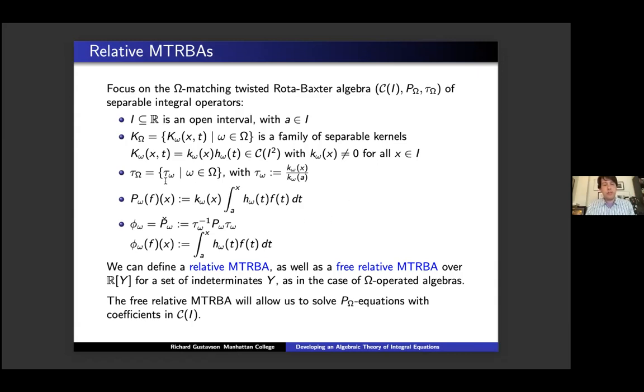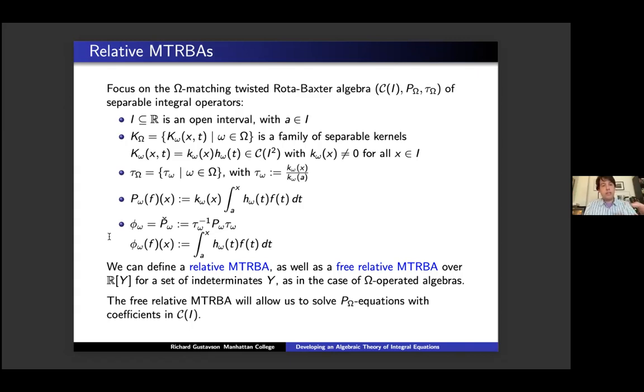And so in this case, when this is our twisted Rota-Baxter operator, then P check ends up being this phi omega defined like this. And we can define relative matching twisted Rota-Baxter algebras and the free relative matching twisted Rota-Baxter algebra in a very similar manner to what was done in the arbitrary operated algebra case.